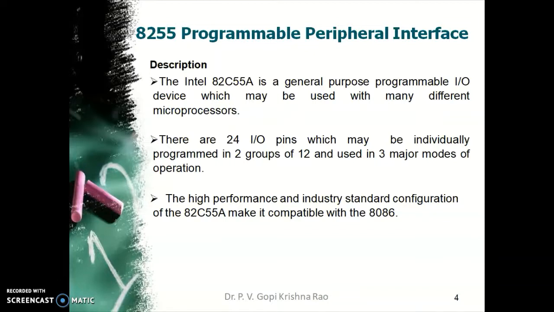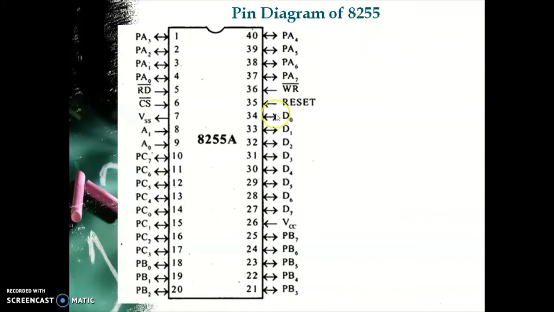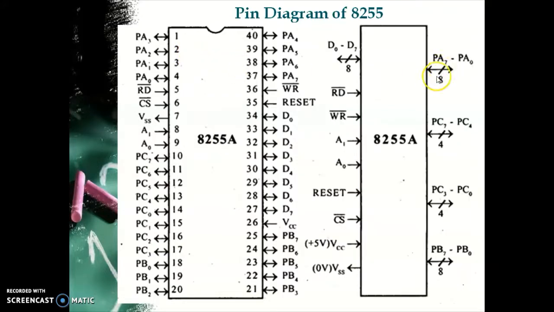The 8255 is a general purpose programmable I/O device which can be used by different microprocessors. It is basically a 40-pin DIP chip which has 24 I/O lines which can be used as 3 ports. This is the pin structure of the 8255. It consists of port A, port C upper, port C lower and port B. All the ports are 8-bit bidirectional ports.